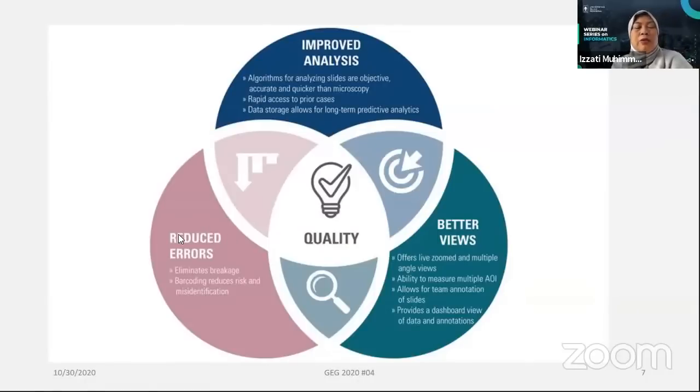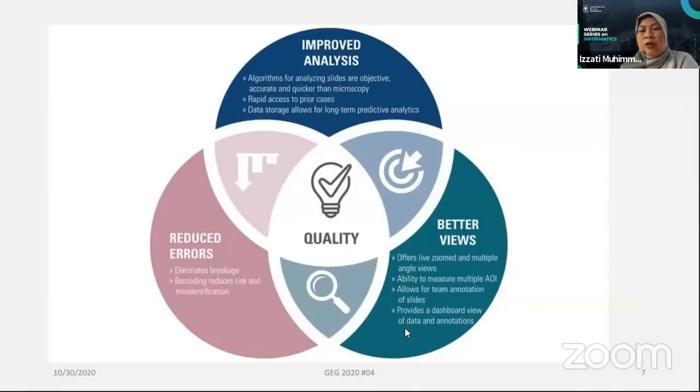And then in terms of reduced error, it eliminates breakage, and when the barcoding is easy to read, it reduces the risk of misidentification. With digital pathology, we can have a better view. We can zoom the image, or we can see the image from a different angle. We also have the ability to measure multiple areas, and we have tools for annotation.